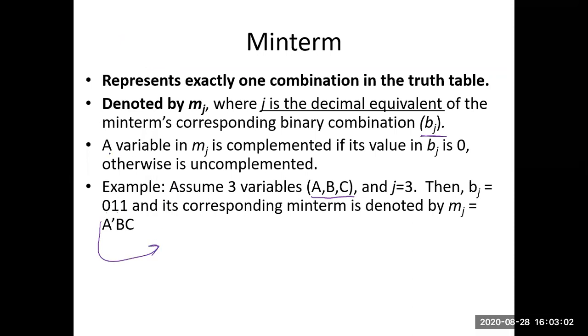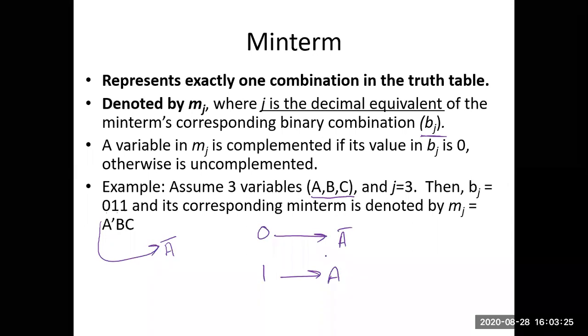So read this line: a variable in mj is complemented if the value in bj is 0. If your variable is a and you want to write 0, it is a bar. If you want to write 1, it is a.